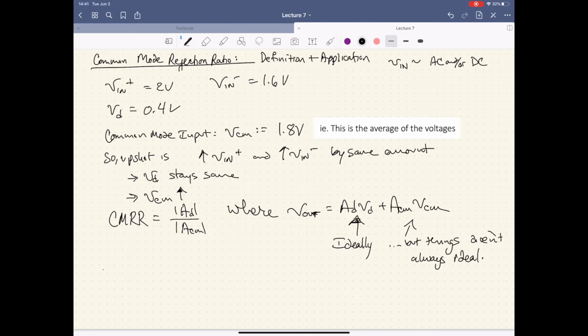Okay, and typically we also see CMRR defined in decibels as well. And to do that conversion, you all should know this by now, and if you don't, memorize it. I am going to assume that you know how to convert to decibels for an exam or anything.